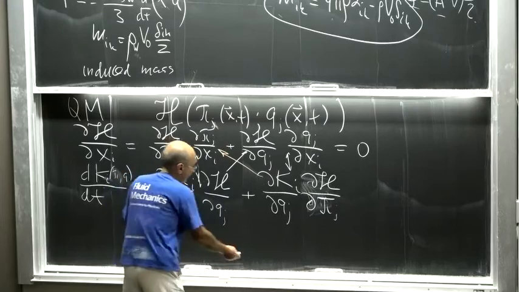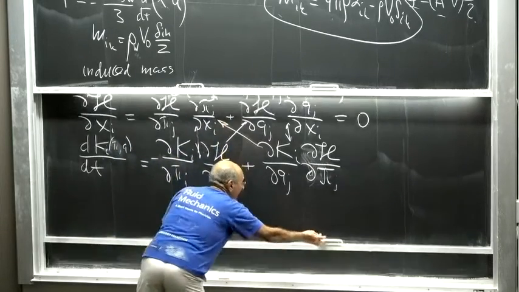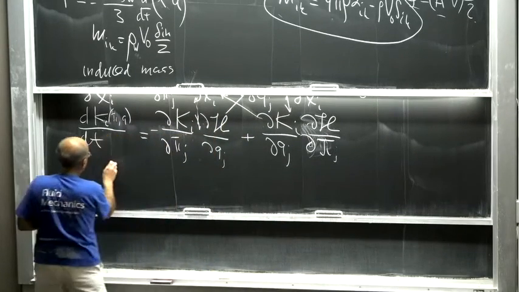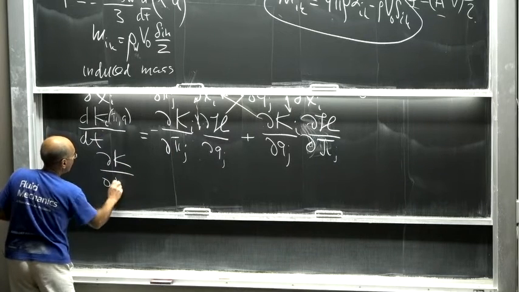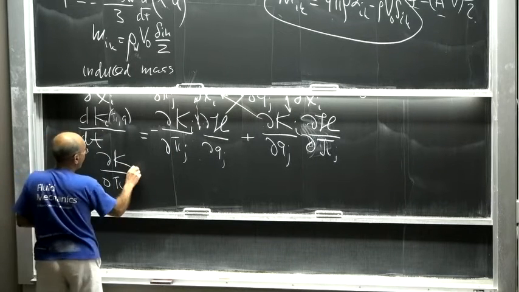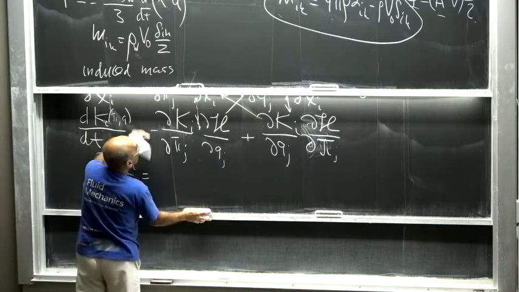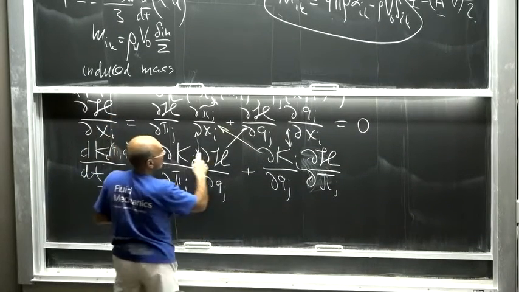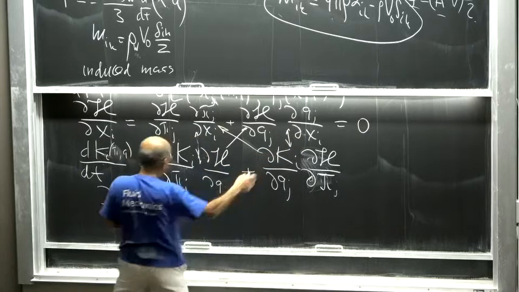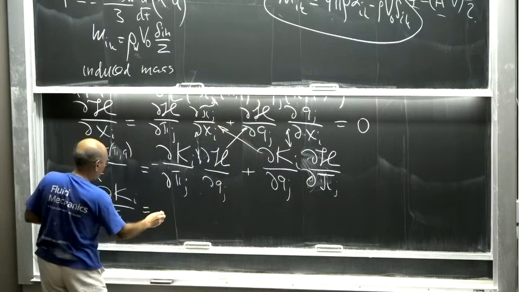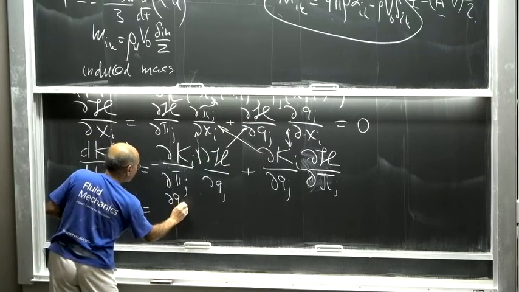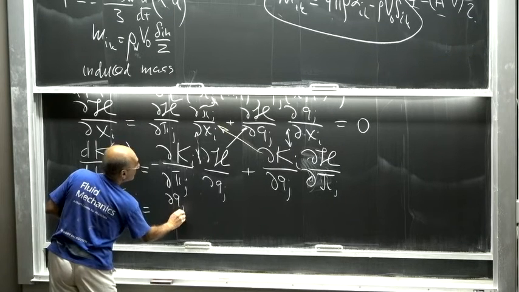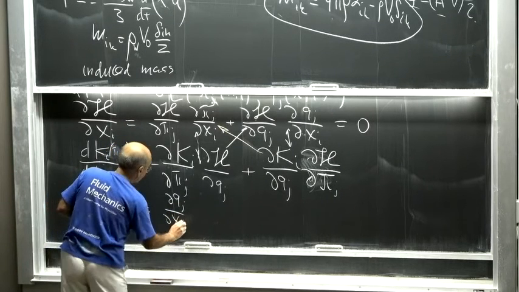So I would have dk d pi j equal to, sorry. So this guy would be equal to that guy, right? dq j over dxi.